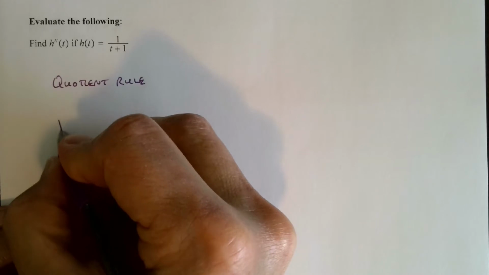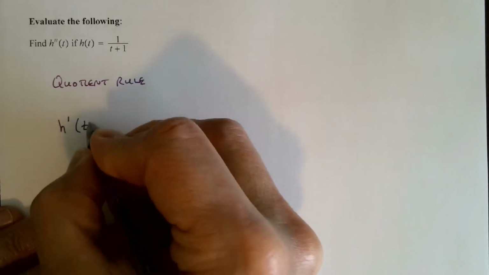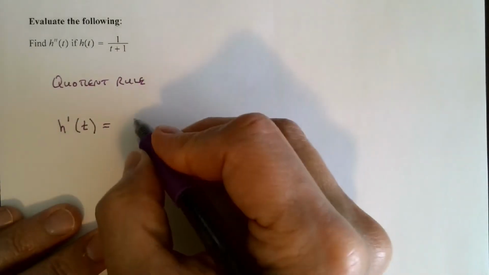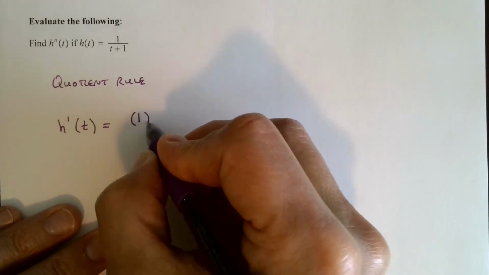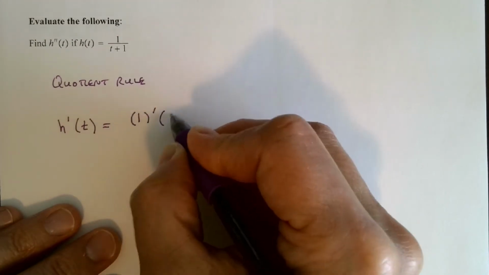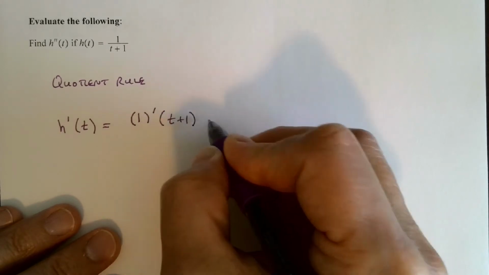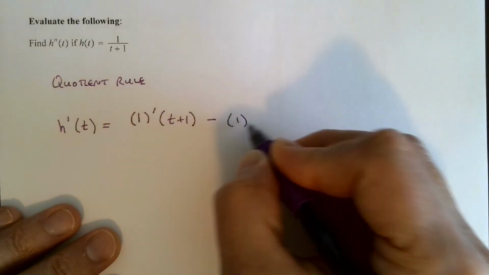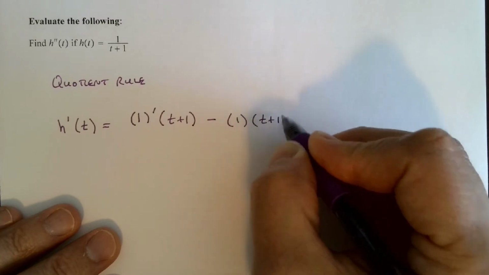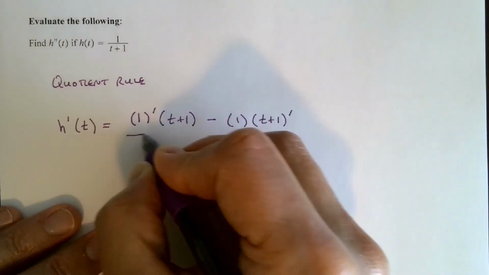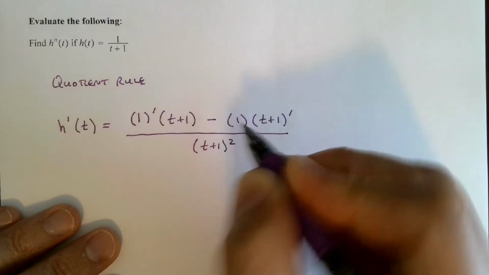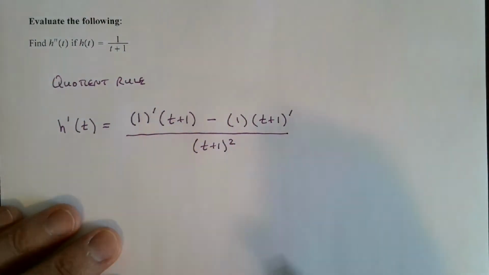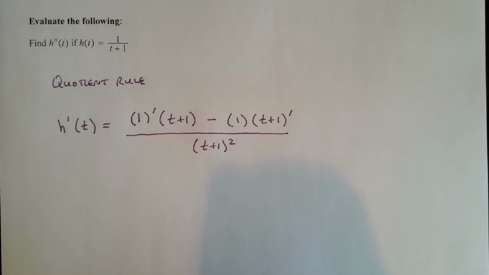And so the first derivative, if you remember that quotient rule, it's the derivative of the top function times the bottom function minus the top function times the derivative of the bottom function, all divided by the bottom function squared.